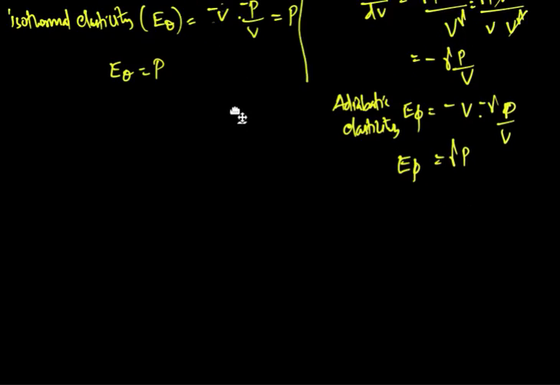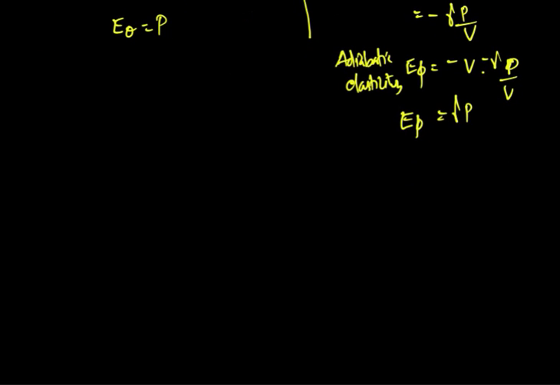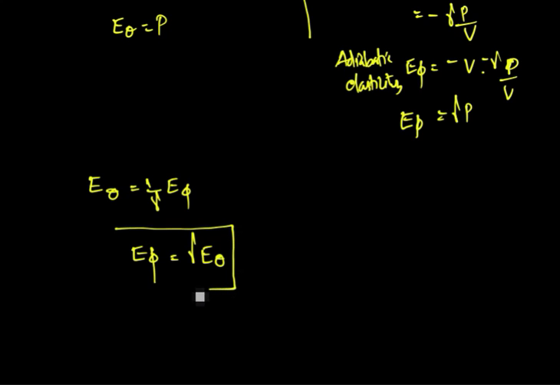So from here we can say that isothermal elasticity of a gas is equal to 1 by gamma times adiabatic elasticity, or the adiabatic elasticity of a gas is given by gamma times isothermal elasticity E theta of the gas. So E phi is equal to gamma times E theta.